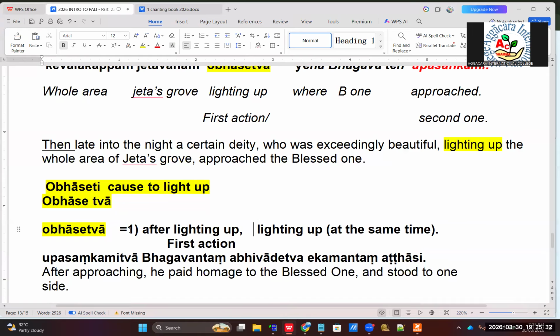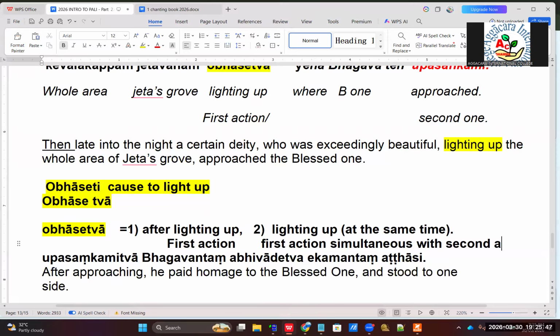Or the second meaning is simultaneous. Second action, because when he approached the Buddha, his body also lit up the place at the same time. Okay, anybody got any question to ask?